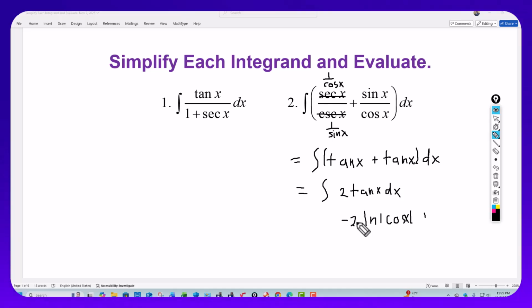And it's got a constant 2, so it's going to be minus 2 times the natural log of absolute cosine of x. Of course the 2 came along for the ride. And it's plus the constant of integration.